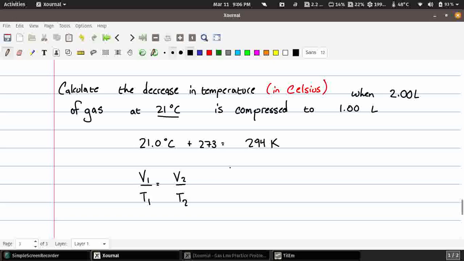So let's start with solving this. We have 2.00 liters divided by 294 kelvins equals 1.00 liters over T2. We don't know what that is.